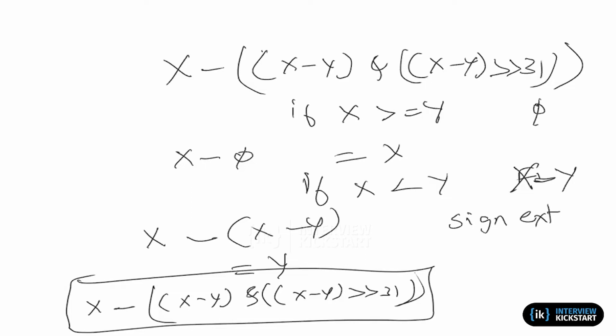ANSI C by itself may leave it to the implementation of the compiler, so it is the arithmetic right shift. Is it clear? Now let's see another solution we can try. It is also a simple thing.